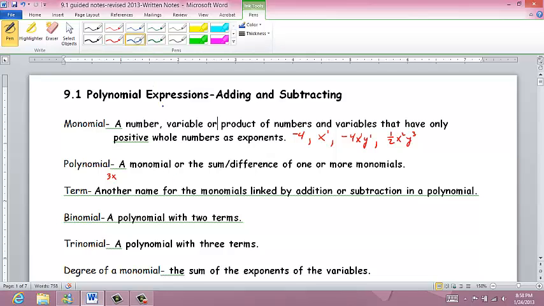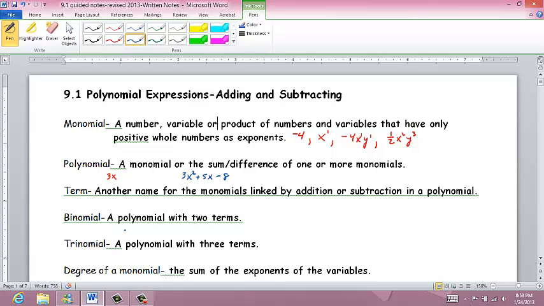But we could actually take another example such as 3x squared plus 5x minus 8. This would be a polynomial with three terms. But notice how we are taking these monomials, 3x squared, 5x, -8, and we're linking them together by addition or subtraction. That's what makes this a polynomial.